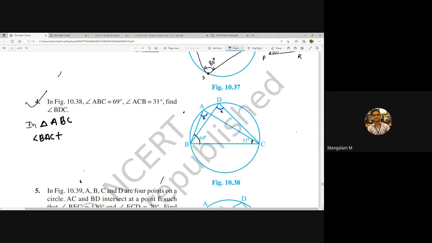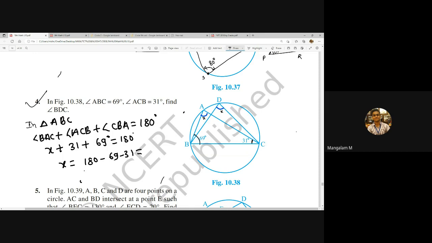So angle BAC plus angle ACB plus angle CBA is equal to 180 degrees. BAC is X, ACB is 31, CBA is 69, equal to 180 degrees. If you solve, X will be 80. Okay. So X की वैल्यू आपको 80 डिग्री आ जाएगी.